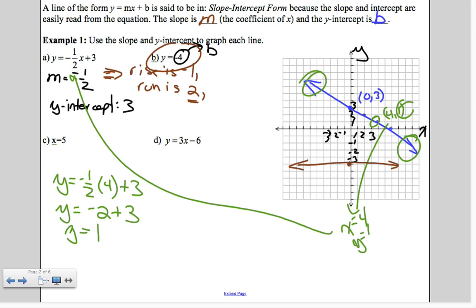Right here. Here's x equals 5. So for x equals 5, we just get a vertical line. That means no matter what the value of y is, x just stays the same.